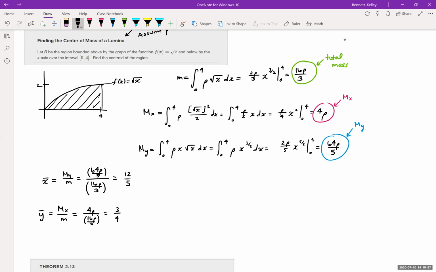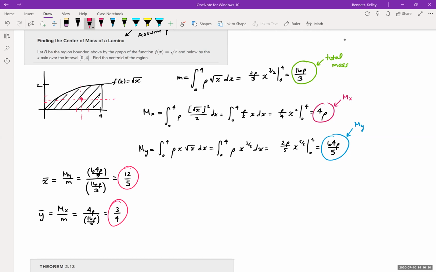So our centroid, so y equals 3/4. Okay, so this is 1. So let's call it there. So our centroid should be, what is that, 2.4? So here's 2, here's 3.